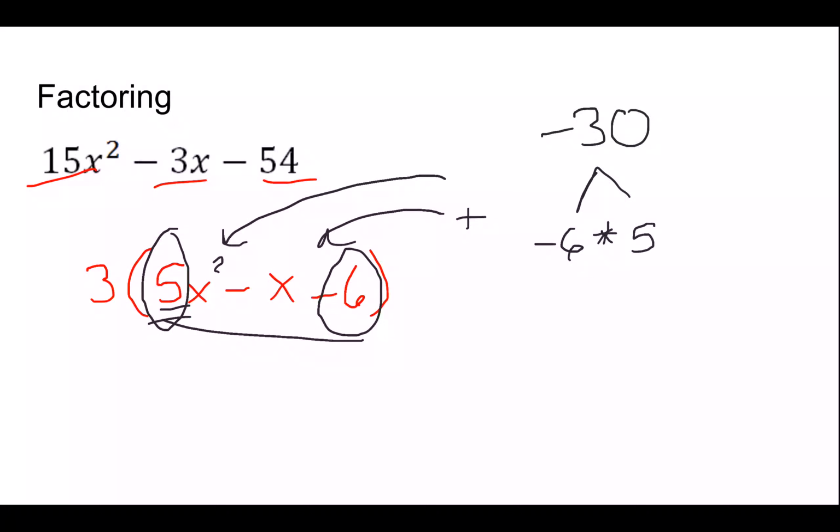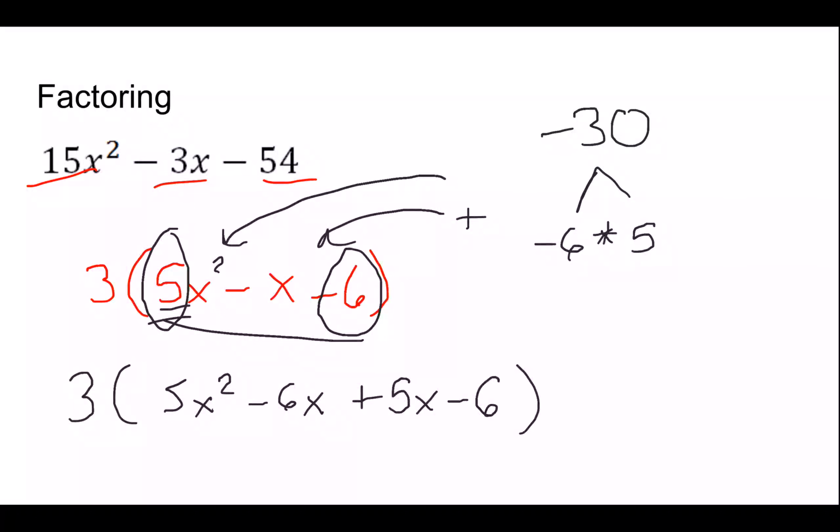And so now we're just going to rewrite this thing. So I just wrote this into a four-nomial. And four-nomials are easier to factor if you break them up into two things.